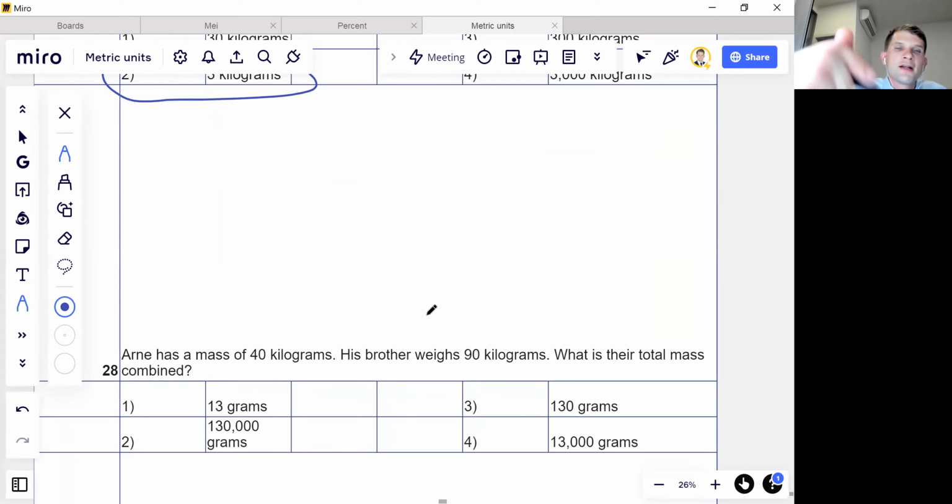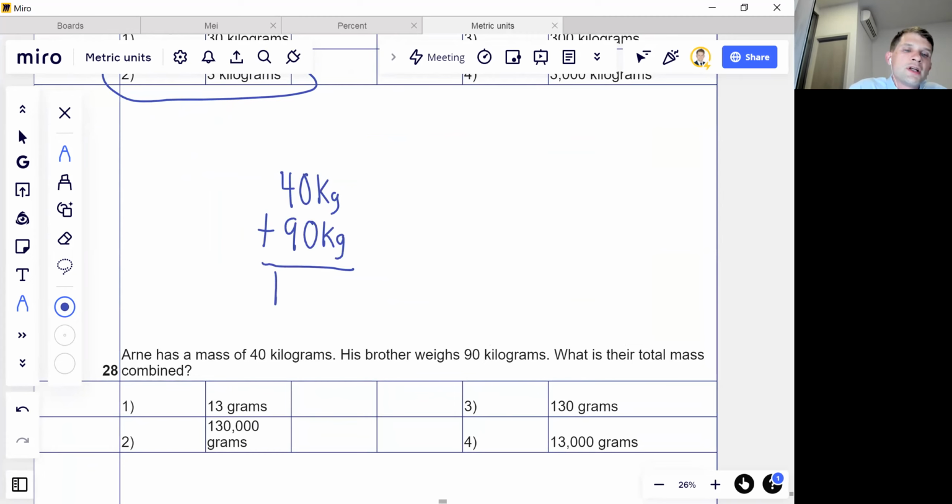All right, so we could add this up first as kilograms. I'm going to take 40 kilograms plus 90 kilograms for their combined mass. All right, and that's 130 kilograms total for the two of them combined. And I don't see 130 kilograms in my options.